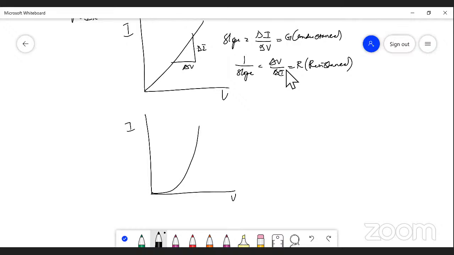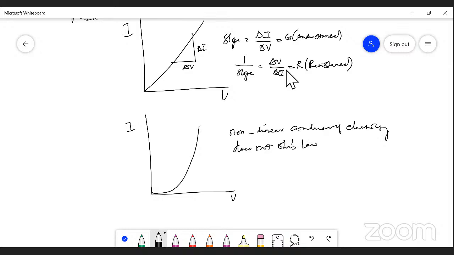In the sense, current is not varying directly with the applied potential difference. So this is said to be a non-linear conductor of electricity. It does not obey Ohm's law.